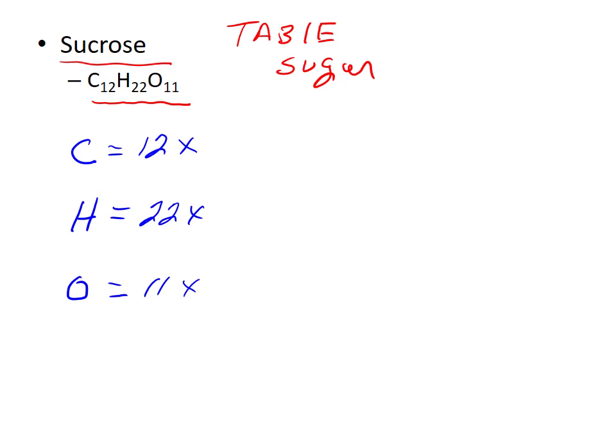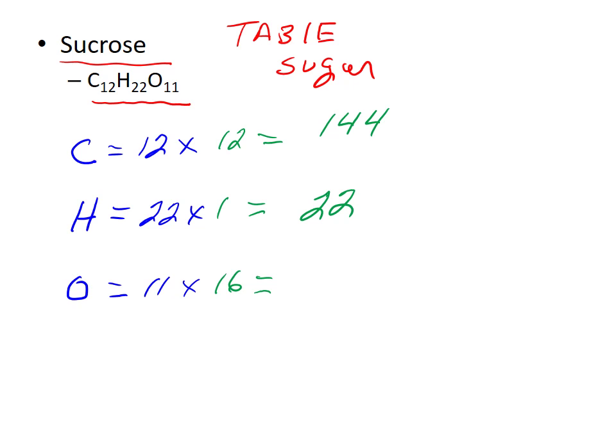Our next step is to go to the periodic table and look up the mass number of each and round. Carbon is 12. Hydrogen is 1. And oxygen is 16. Then we multiply. 12 times 12 is 144. Hydrogen, 22 times 1 is 22.